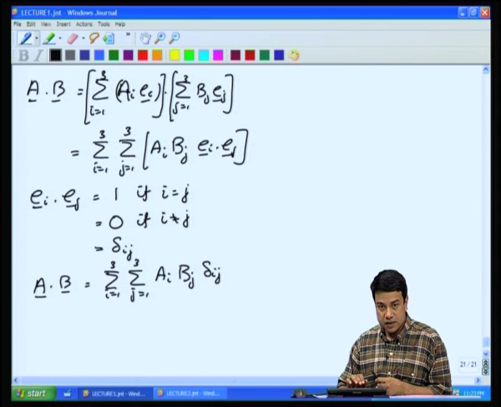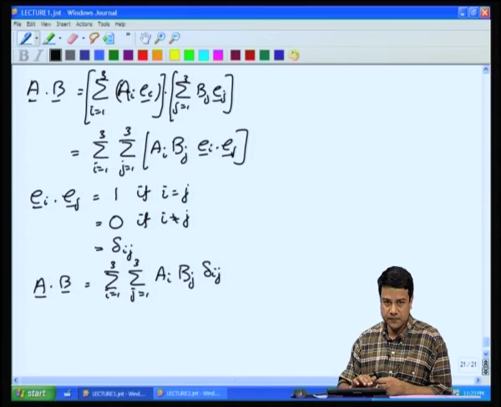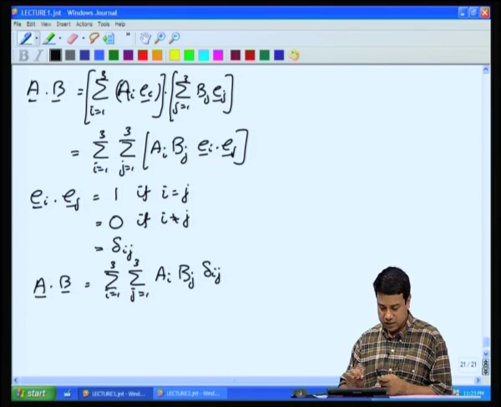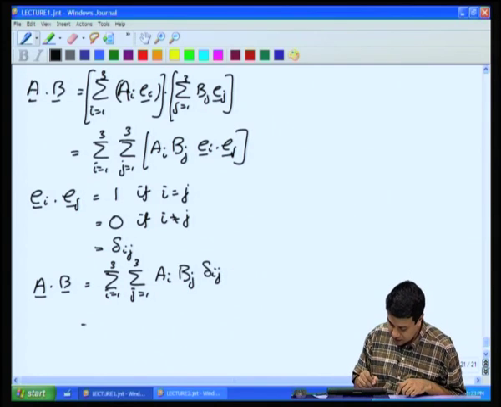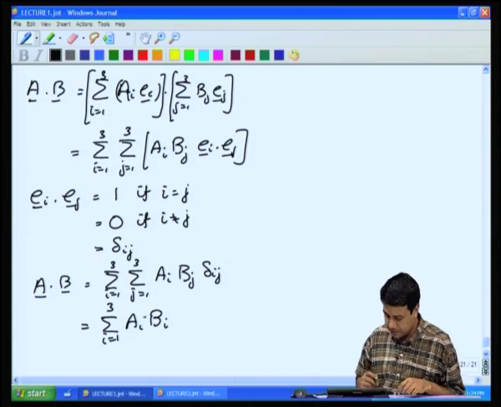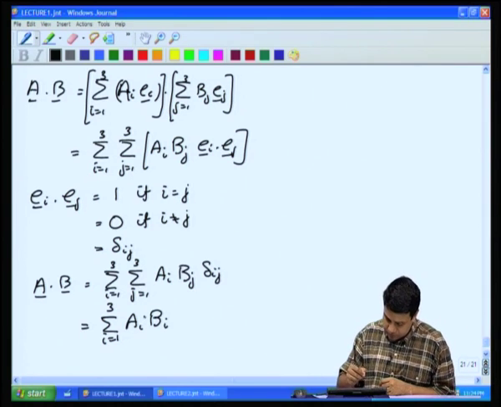Of course, delta_ij is non-zero only if i is equal to j. So, when I take the summation over j is equal to 1 to 3, I will get a non-zero result only when i is equal to j. Therefore, I can rewrite this as summation i is equal to 1 to 3 of A_i times B_i. Okay.